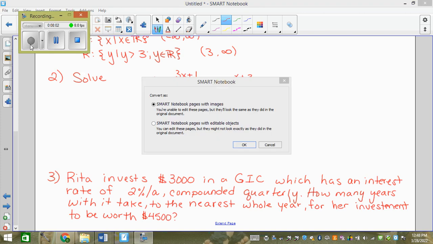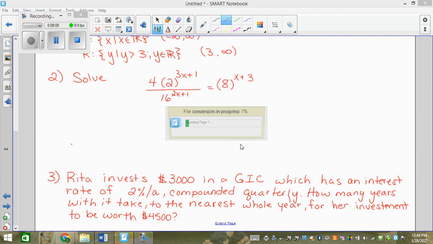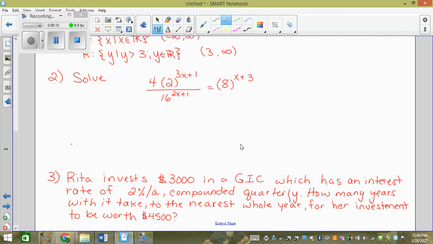We'll go through this first one. So we can make them all be base 2. We said that already.